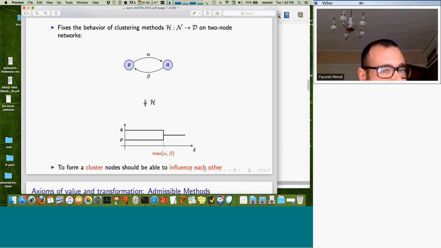That choice suggested taking the maximum. We also studied the implication of choosing, for example, the minimum here, and found other methods that look a bit different from that current choice of the axiom of value.